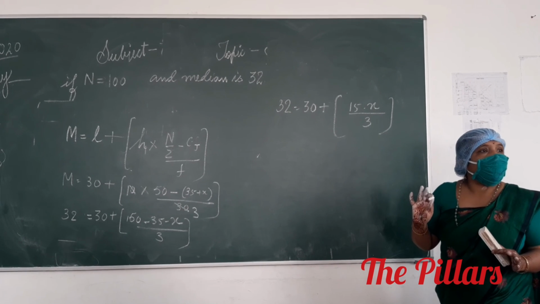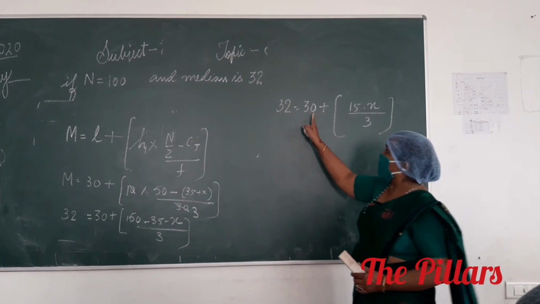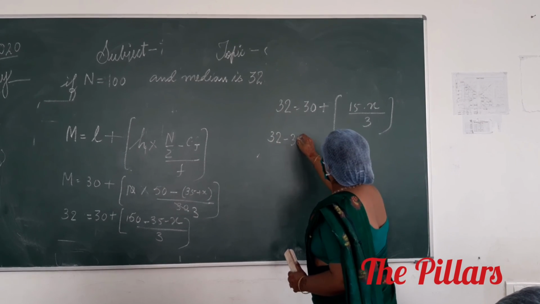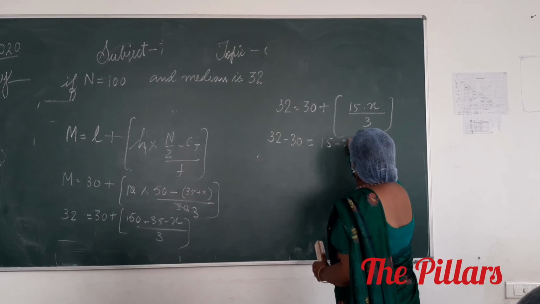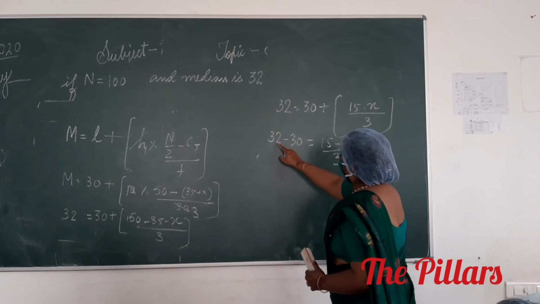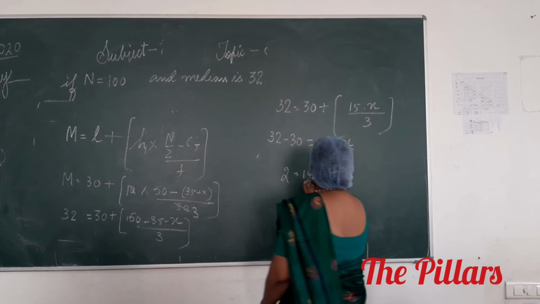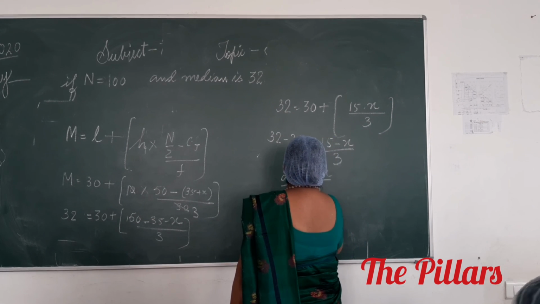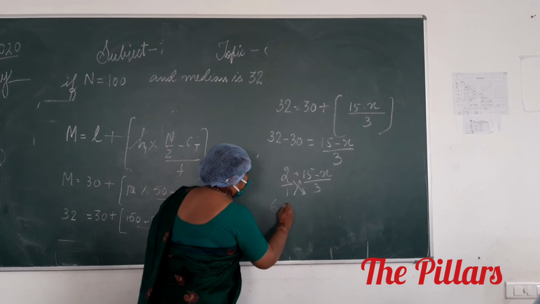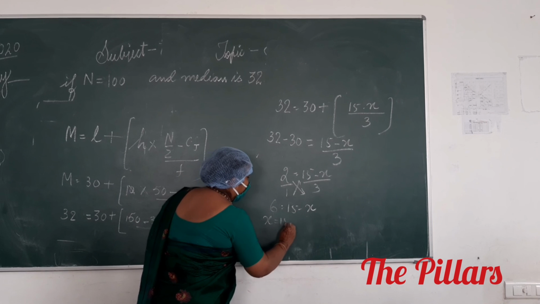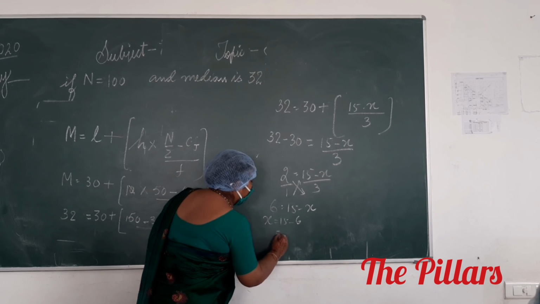Now see, look here. I am taking this 30 this side. 32 minus 30 is equal to 15 minus x upon 3. So 2 is equal to 15 minus x upon 3. Cross multiply: 6 is equal to 15 minus x. X is equal to 15 minus 6, that is 9.